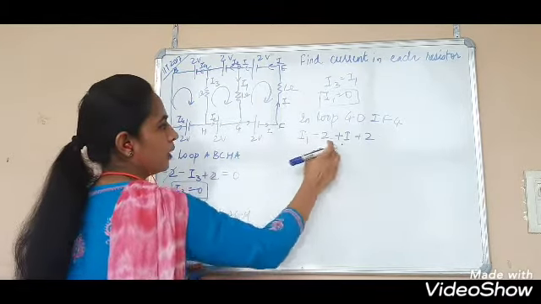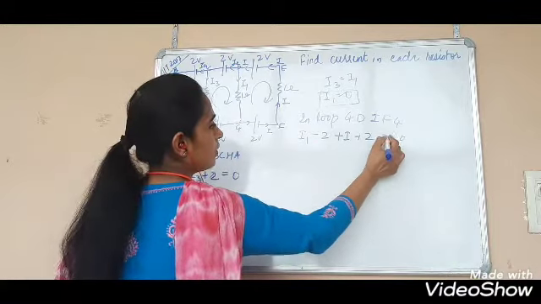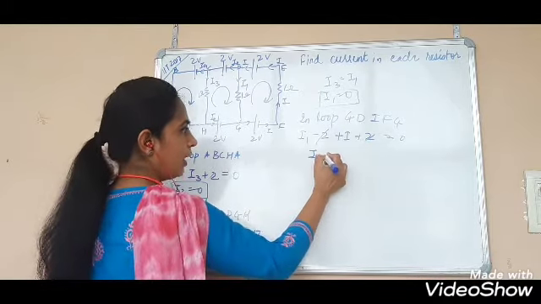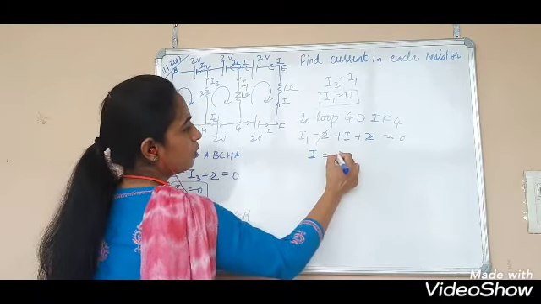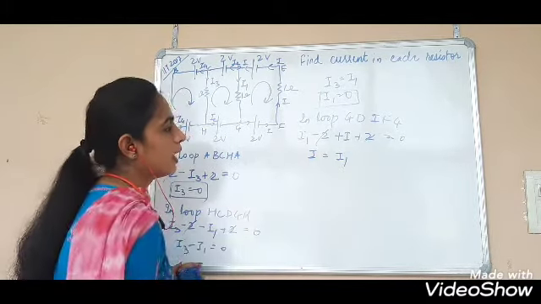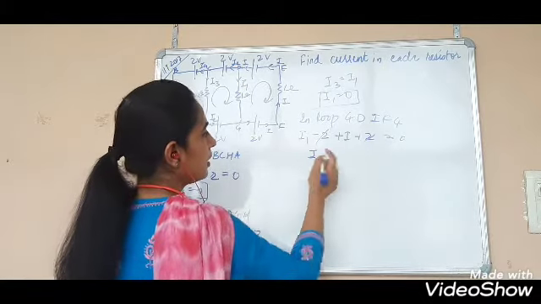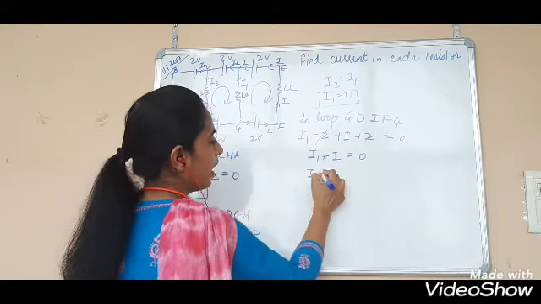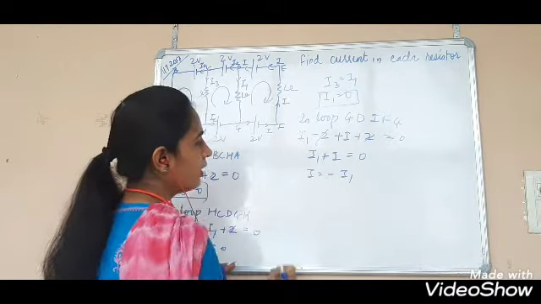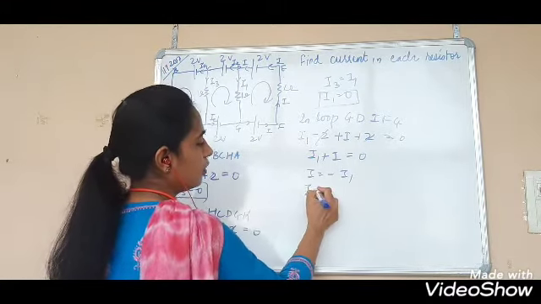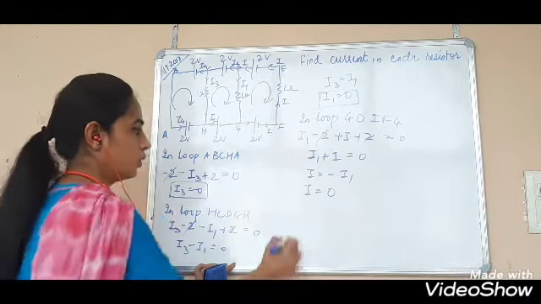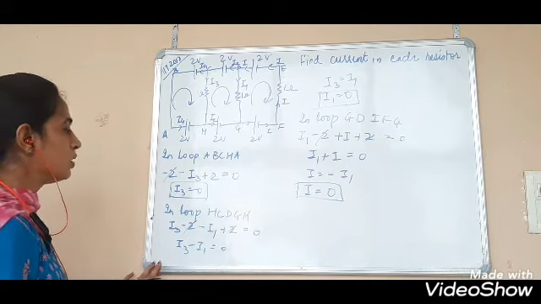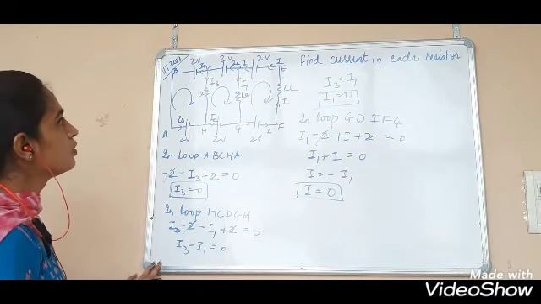So -2 plus 2 cancel, and I1 plus I is equal to 0, or I is equal to minus I1, and I1 is 0, so I is equal to 0. That means you got I equal to 0, I1 equal to 0, I3 equal to 0.